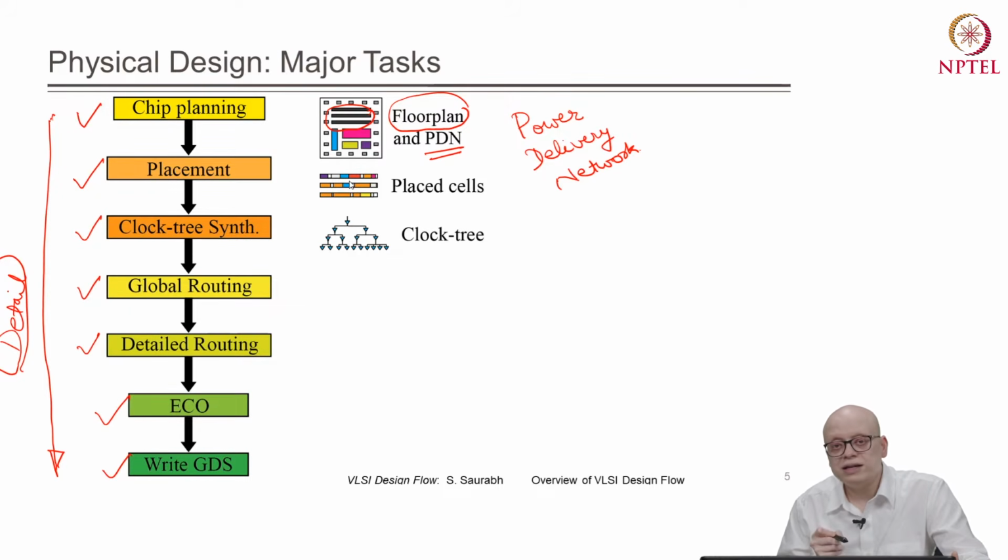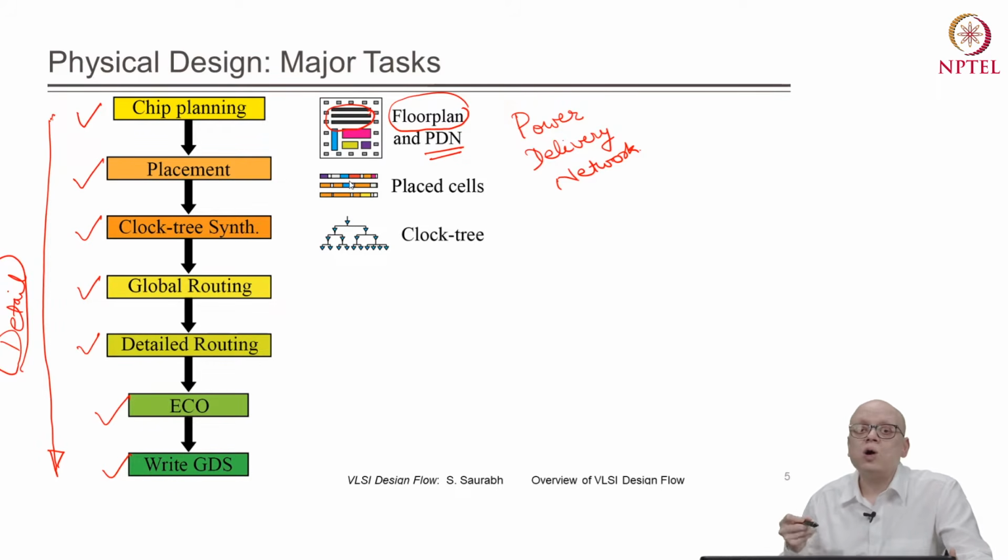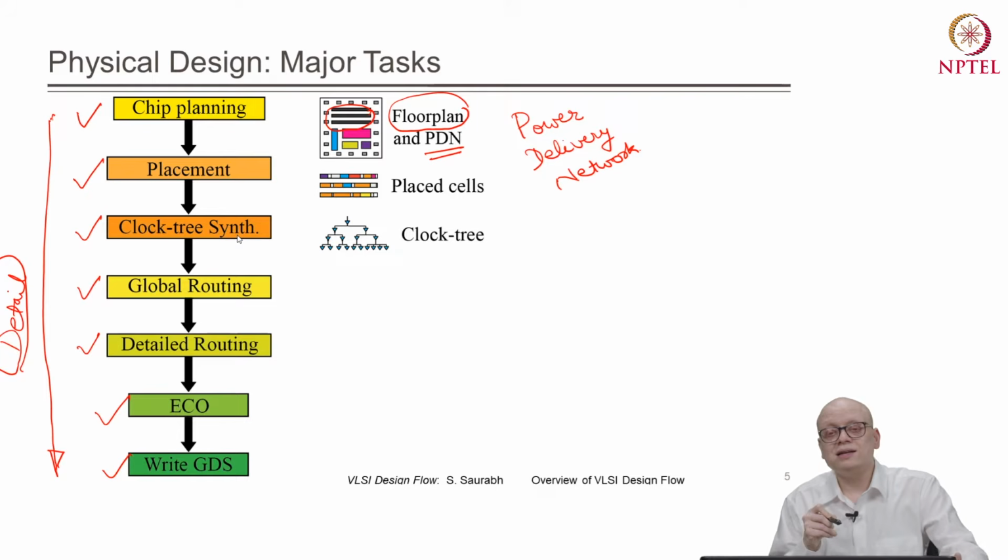The clock tree is basically delivering the clock signals to each of the sequential circuit elements, like flip flops, which take clocks as an input, right. So, the responsibility of clock tree synthesis is to make the structure in our circuit such that the clock signal is delivered to all the entities in the design that need the clock signal to operate.